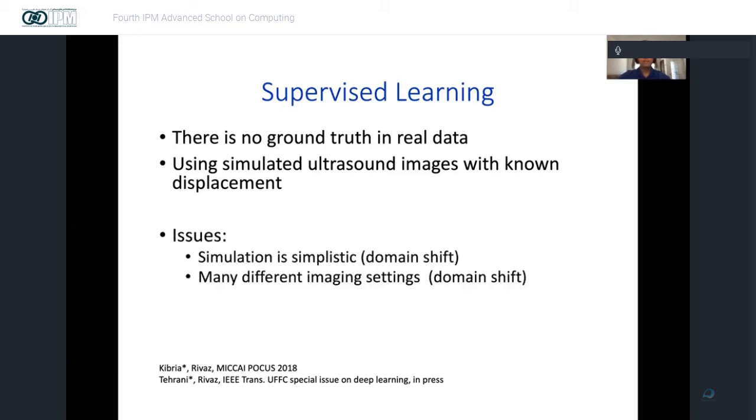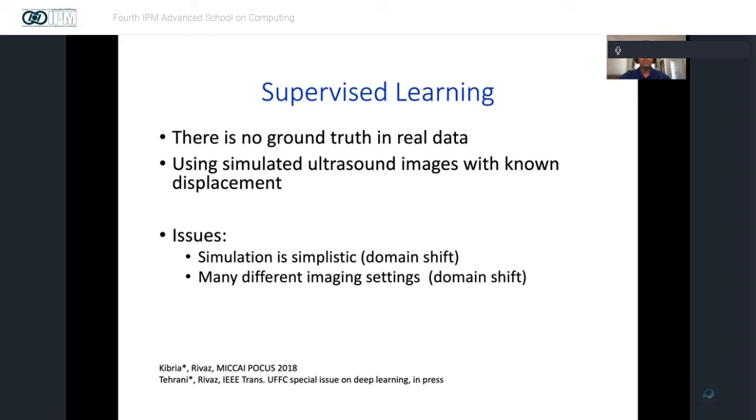An issue with that is that, first of all, simulation is very simplistic. We cannot model nonlinear ultrasound wave propagation. We cannot model nonlinear tissue deformation. So those all create a domain shift between the simulation data and the real data that we collect from real tissue, from a real ultrasound probe.